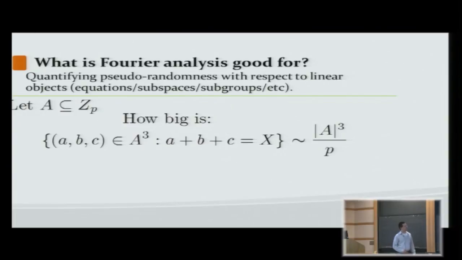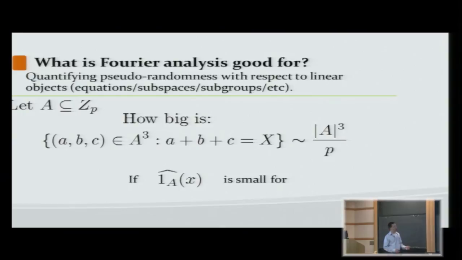So what does this have to do with Fourier analysis? This is true for a random set, and maybe you'd want to quantify what makes a set look random. An answer to this is: if A is a set, I can consider its characteristic function and take its Fourier transform.